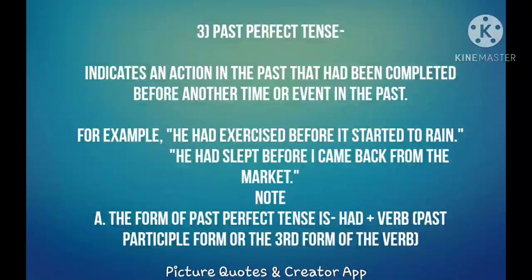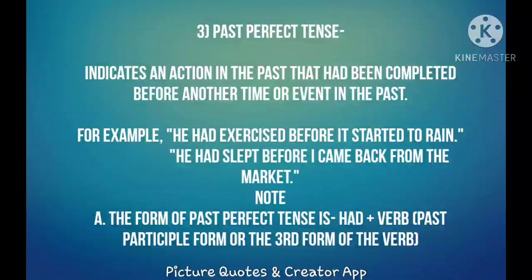The next one is past perfect tense. Past perfect tense indicates an action in the past that had been completed before another action, time or event in the past. So it indicates two actions. The first action can be said in past perfect.